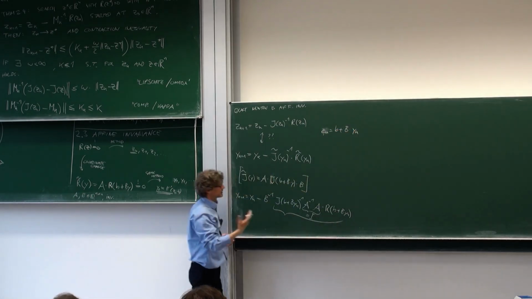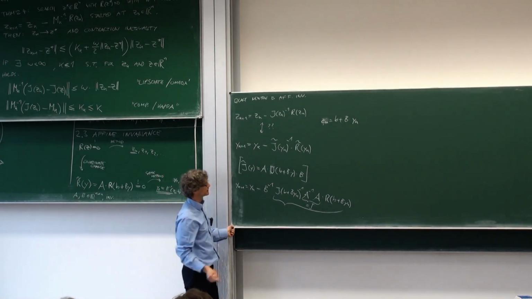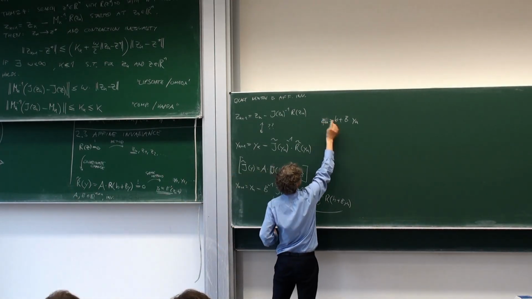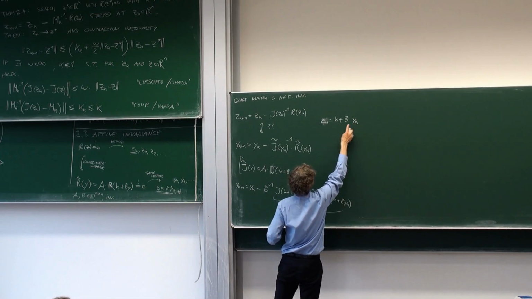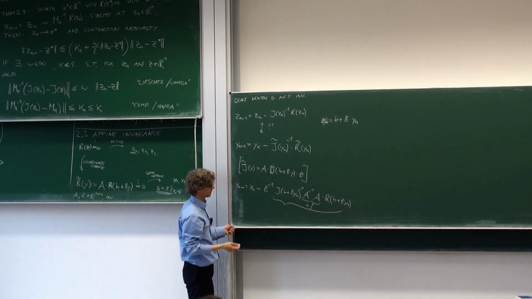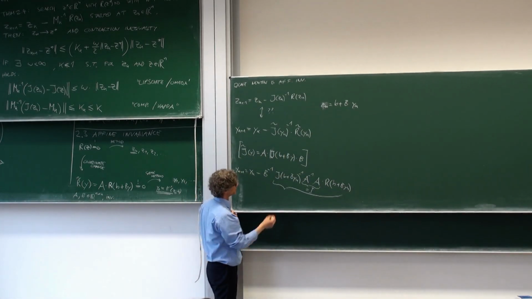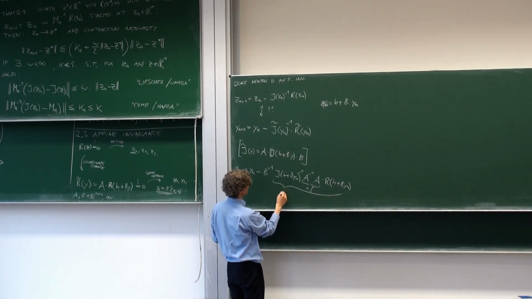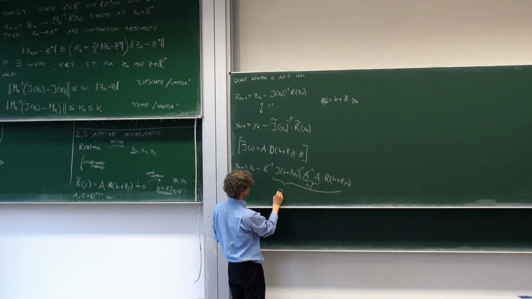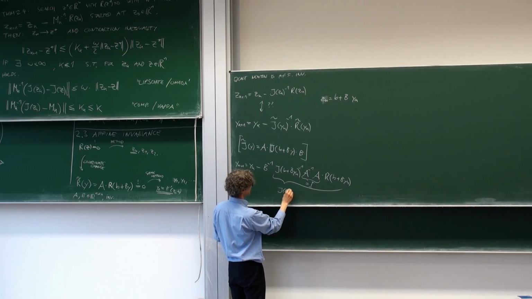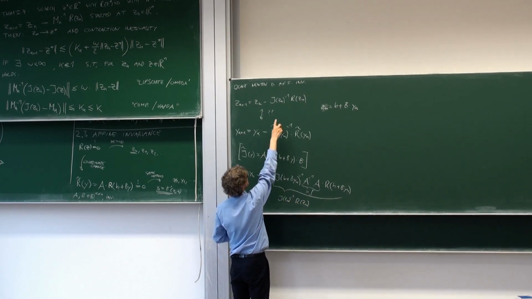So if we assume that it was already the rescaled variant, right? So if this z_k and the y_k are related with the same formula that we want, then this term would be actually the same as J(z_k)^{-1} times R(z_k), which is what we had here.